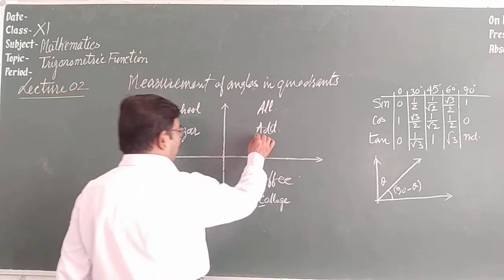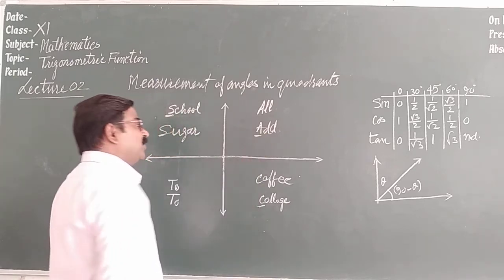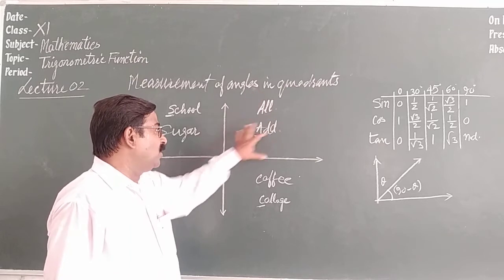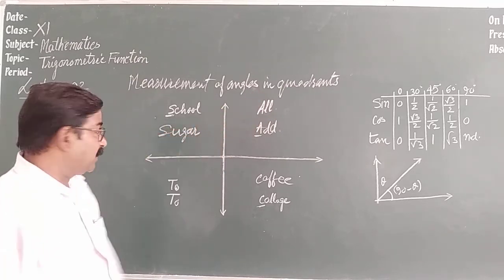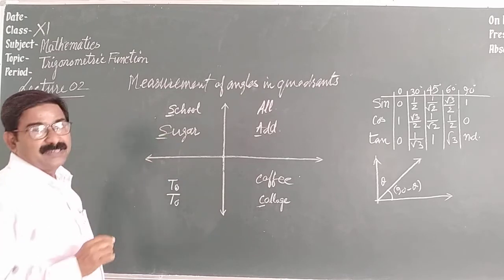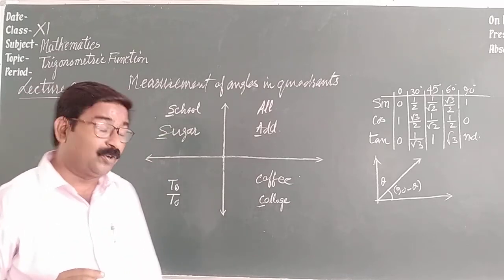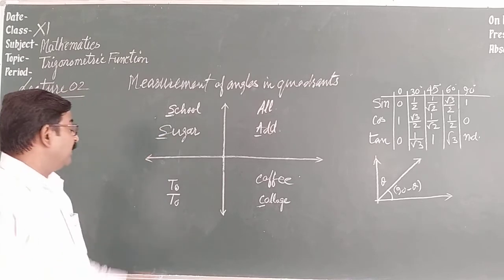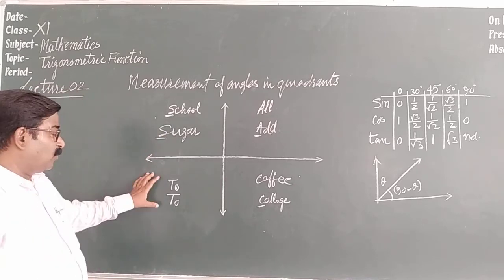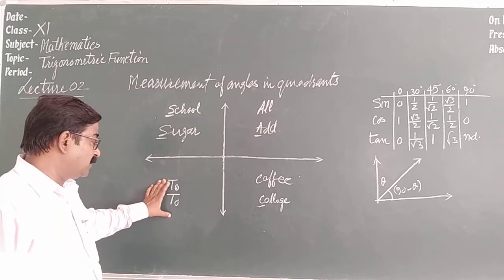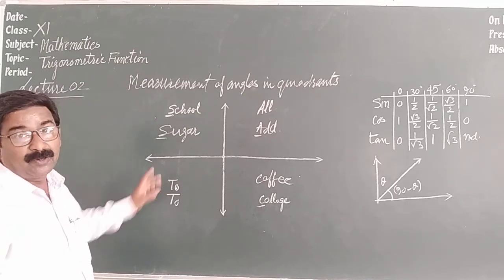The first alphabet is A, means all angles in this quadrant are positive. Here sugar, first alphabet is S. S stands for sine and its reciprocal cosec. So in second quadrant, sine and cosec are positive. In third quadrant, T stands for tan and its reciprocal cot. So tan and cot are positive.